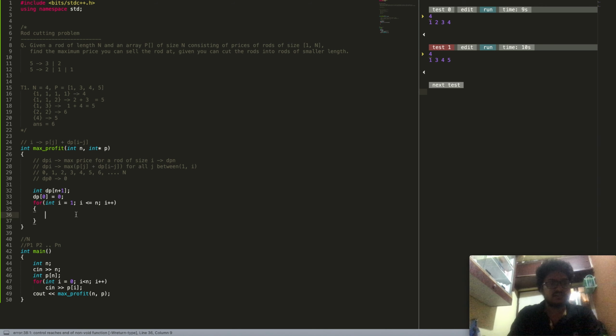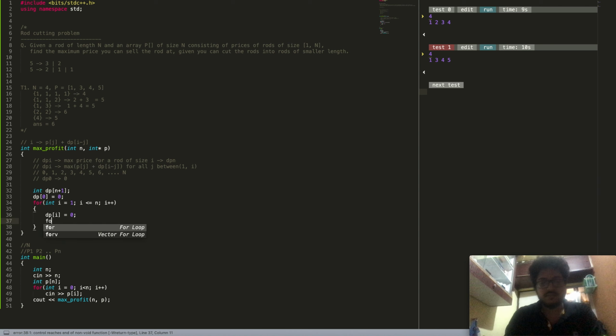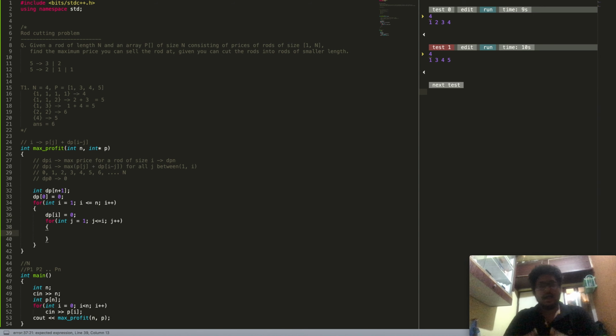Initially let's initialize the value of dp of i equals 0, and then we would iterate over all the indices j between 1 to i, and for each such index j we will try to update the value of dp of i as dp of i equals max of dp of i comma p of j minus 1. This p of j minus 1 represents the price of the rod of length j.